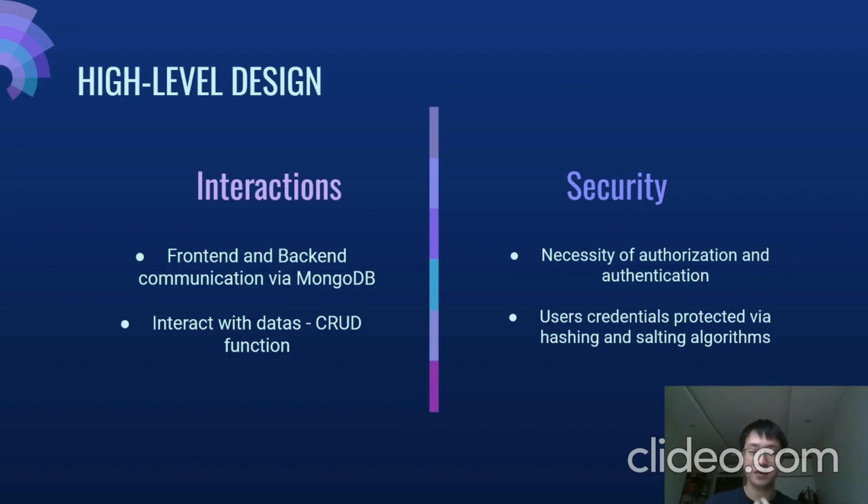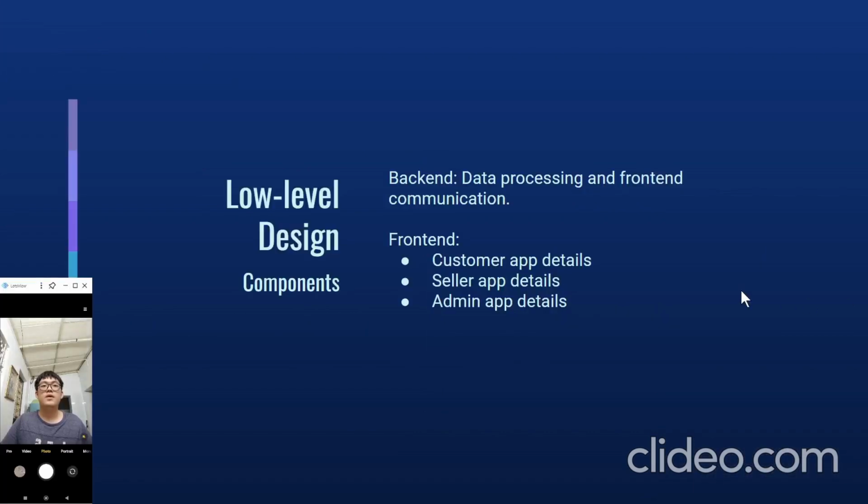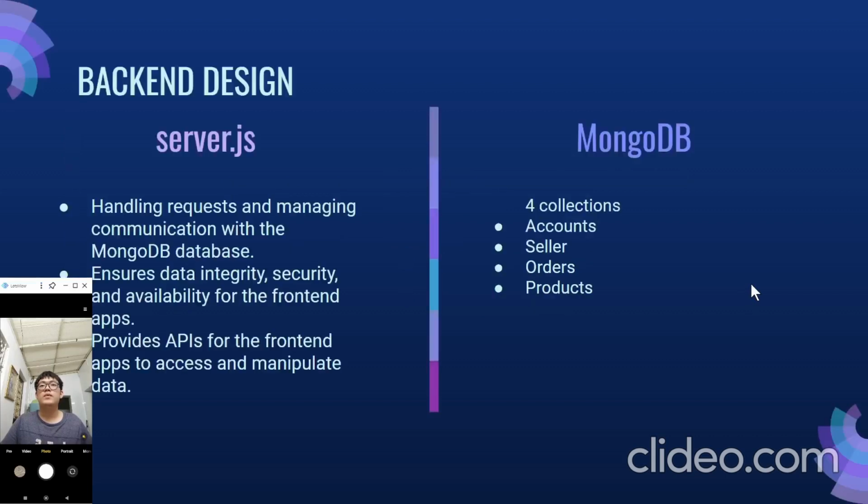The next thing we'll cover is the low-level design, and this will be presented by Nguyễn Công Thinh. Hello teacher, my name is Nguyễn Công Thinh, and I will talk about the low-level design component of our app. We have 4 components in total. The first one is the backend component, which contains the server.js.